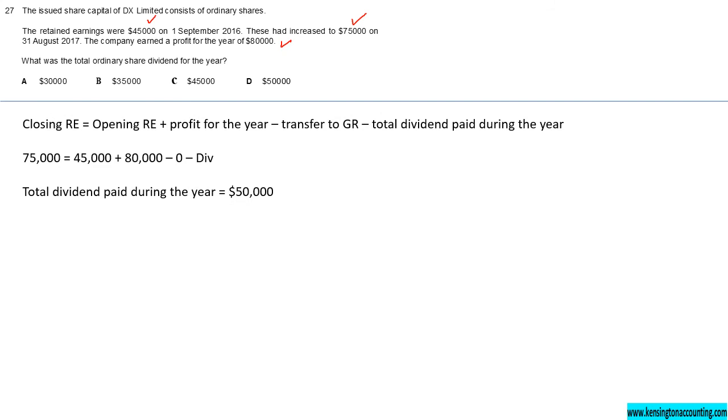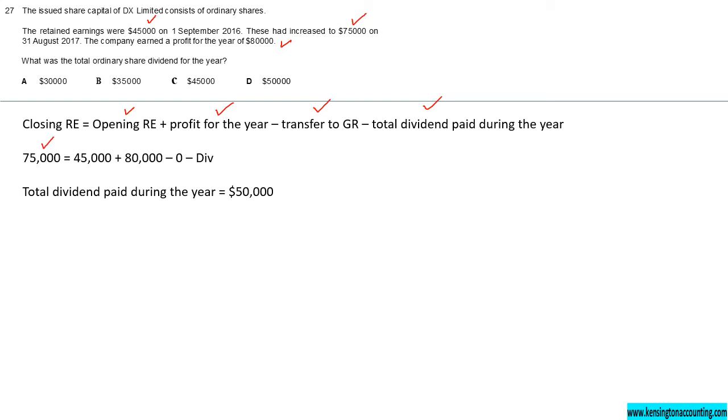Now the formula is as follows. Closing retained earnings is obtained by adding opening retained earnings plus profit for the year less any transfer to general reserve less total dividend paid during the year. Now closing retained earnings is 75,000.